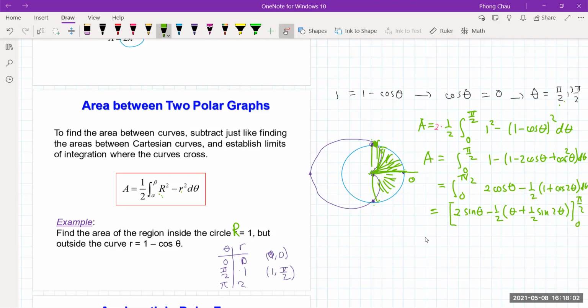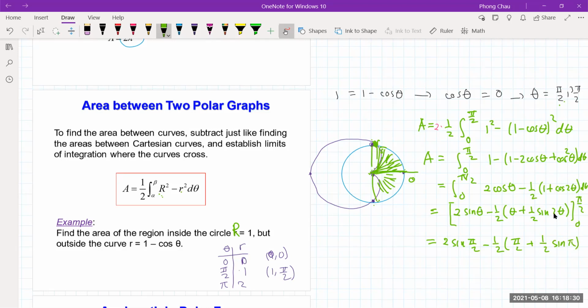As you can see, the advantage of using 0 is that when you plug 0 in, you see sine 0 is 0, so they are all 0. If you plug in pi half, you get 2 sine of pi half, minus 1/2 times pi half, plus 1/2 sine of 2 times pi half, which is pi.